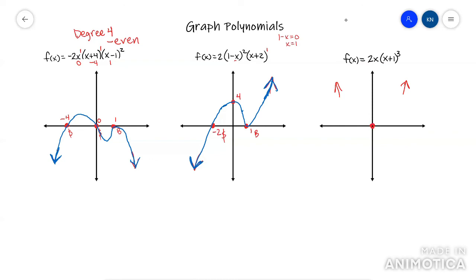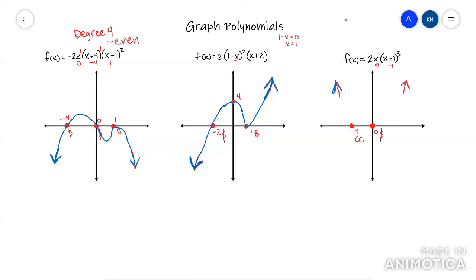So it's going to go through the origin here. Find your x-intercepts. This guy is at 0. This one is at -1. Okay, at 0, it's straight through. And at -1, it's a concavity change. This is all the information I need to graph this.